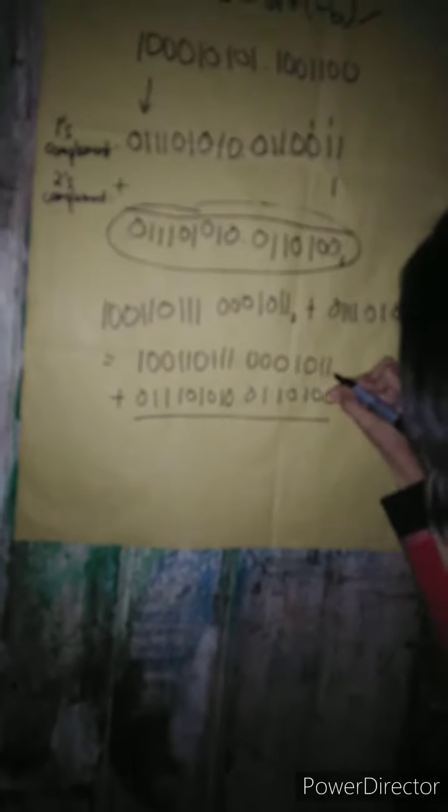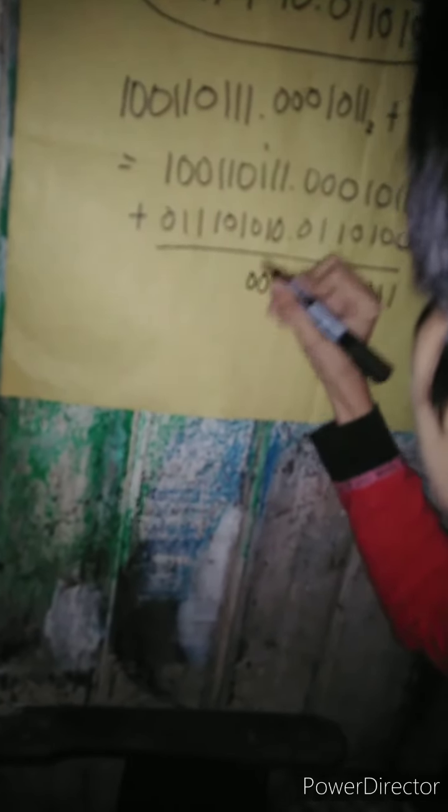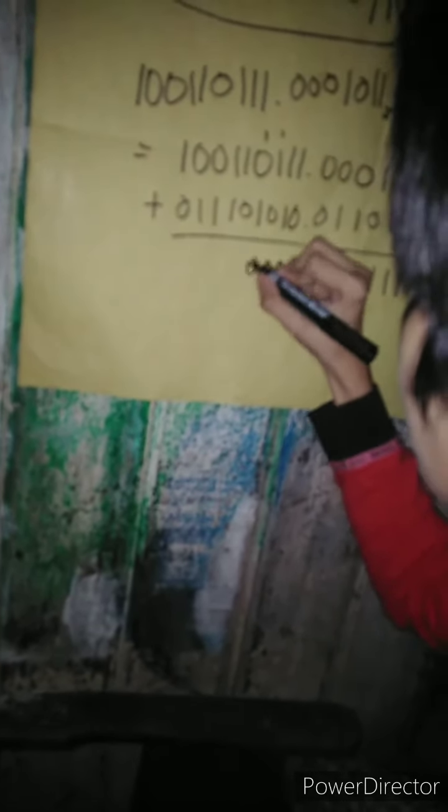Adding, we will have 1 plus 0, 1, 1, 1, 1, 1, 1, 0 point 1, 0, 0, carry 1, 0, carry 1, 0, carry 1, 1, carry 1, 0, carry 1, 1.